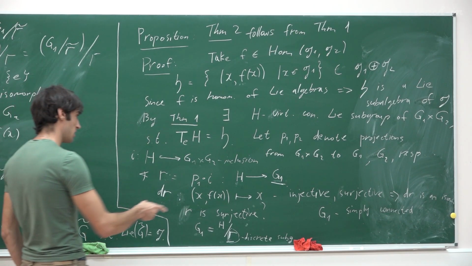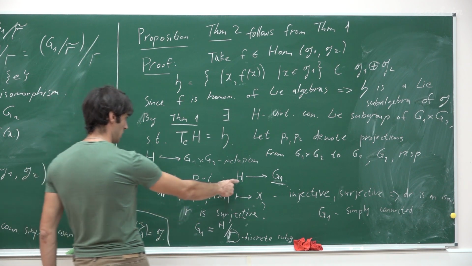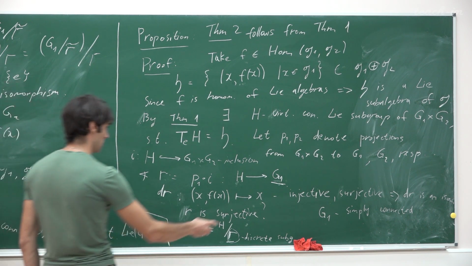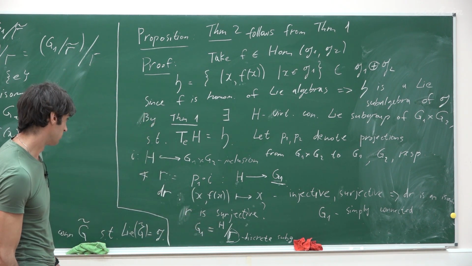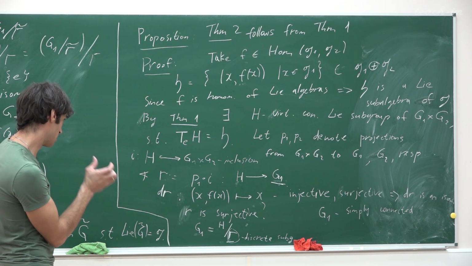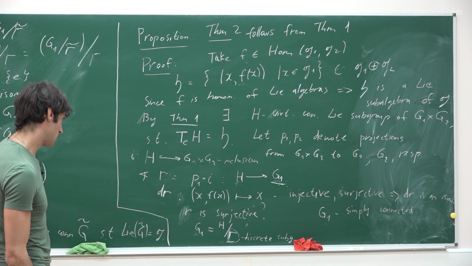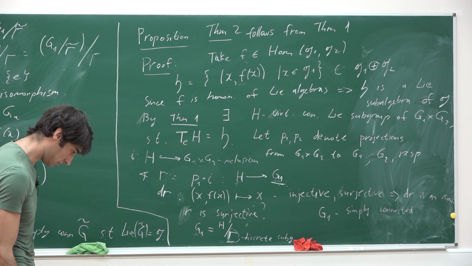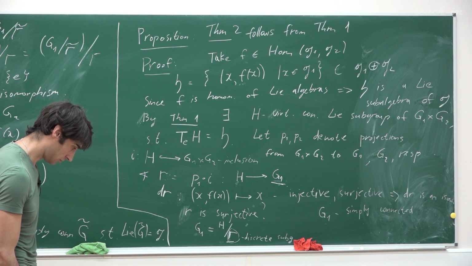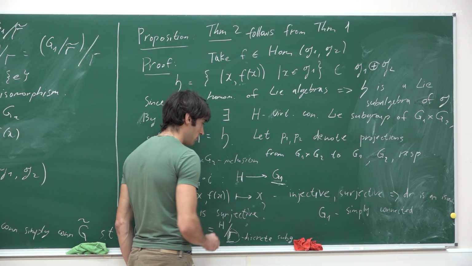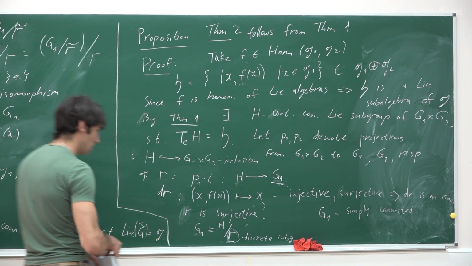So the whole point is that G1 is connected, and H is of the same dimension as G1. So we have the whole neighborhood of identity here. Okay, I got it.